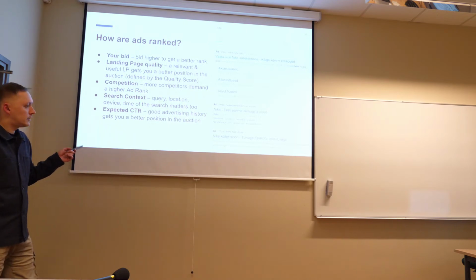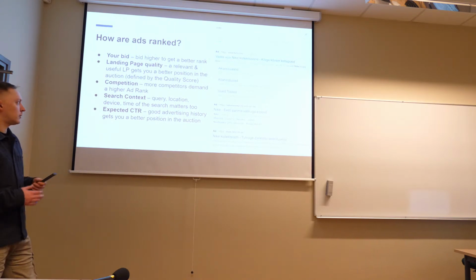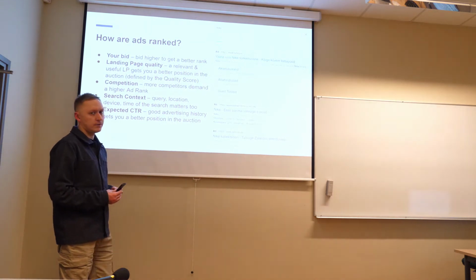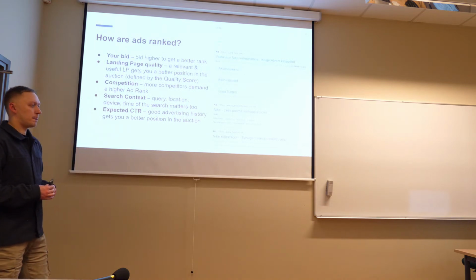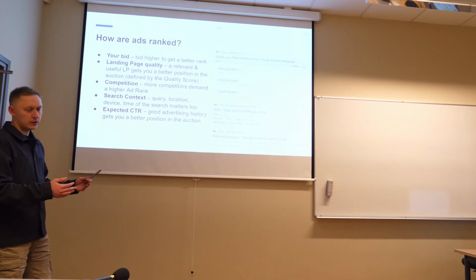This is actually another metric inside Google Ads that you can monitor, the quality score for the keyword. If this is 10 out of 10, then you're good to go. But obviously, the broader the keyword, the harder it is to get a 10 out of 10 quality score.